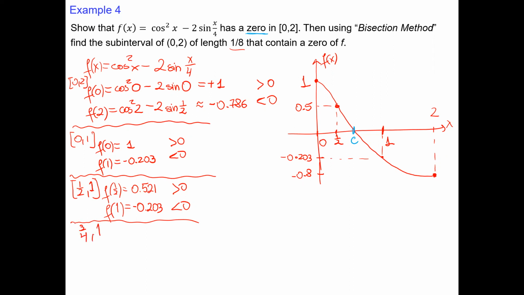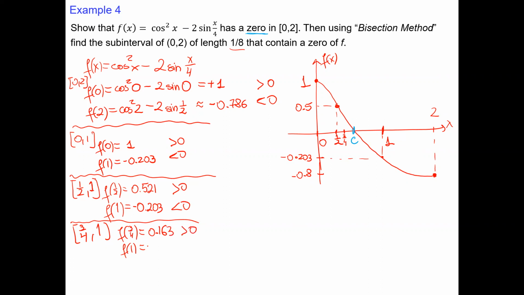We can do 3/4 and 1. Okay, 3/4 will be somewhere here. I don't know exactly, because my graph is just like a picture, like a draft. But if I take 3/4 and substitute it instead of x into the original function and use the calculator, it's a positive number, 0.163.